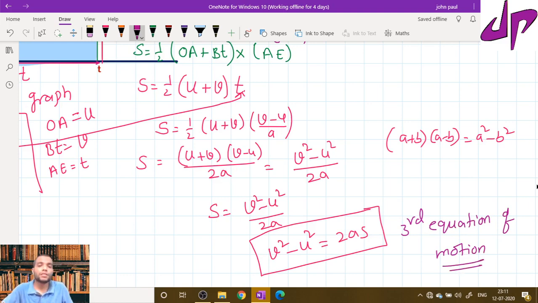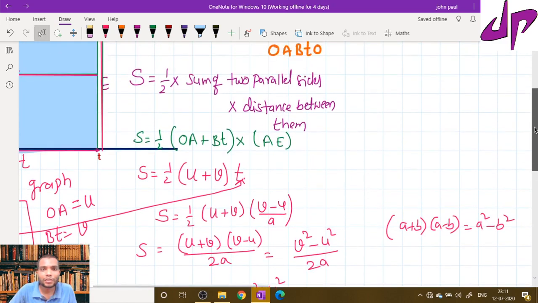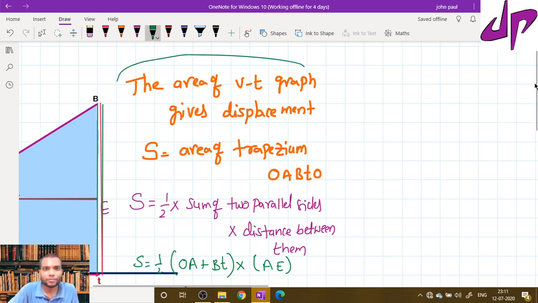The third equation of motion relates V, which stands for final velocity, U for initial velocity, A for acceleration, and S for displacement. To derive it, the key statement is that the area of the velocity time graph gives displacement.